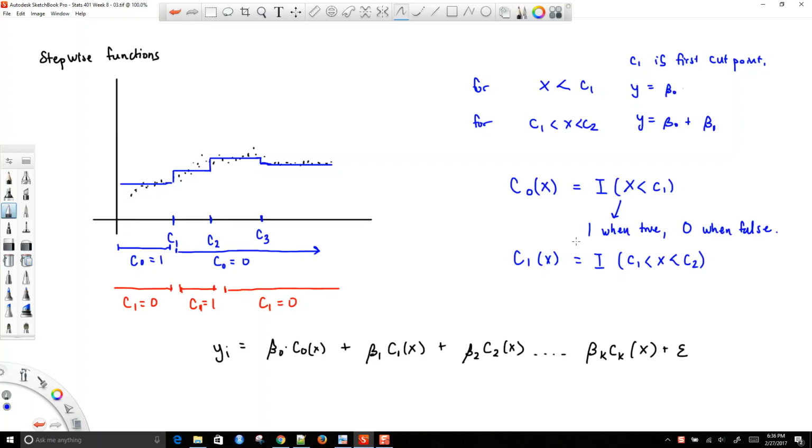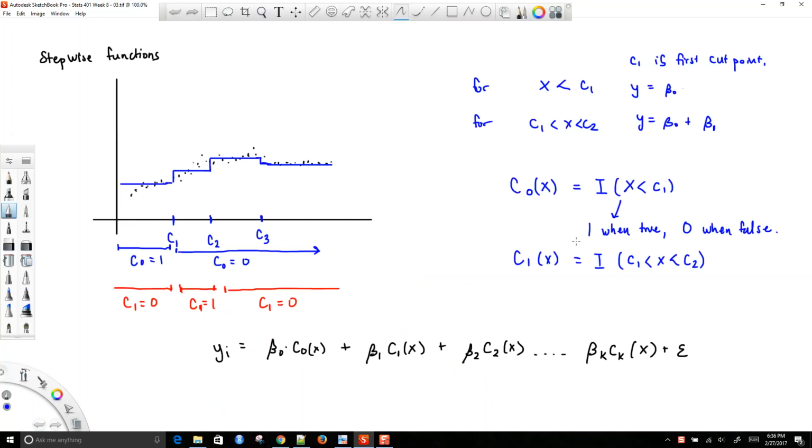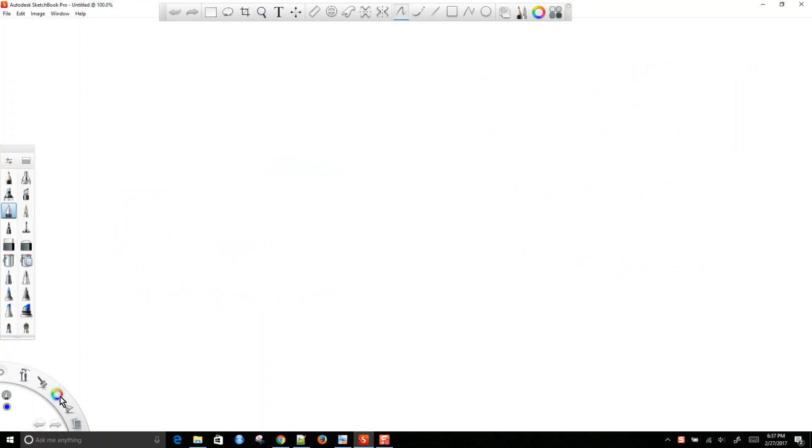And so both of these, the stepwise function and our polynomial regression, the way that it's written out is based on the idea of a basis function. Okay. Which is what we're dealing with here. Okay.